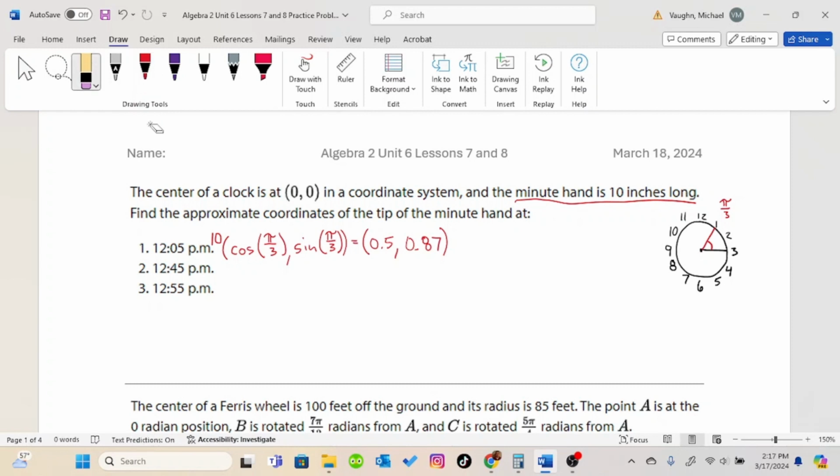So now what we really want to do is have our coordinates be 10 cosine of pi over 3 and 10 sine of pi over 3.